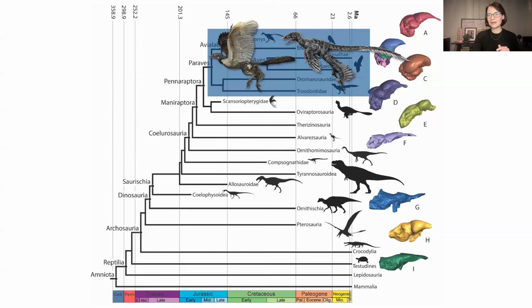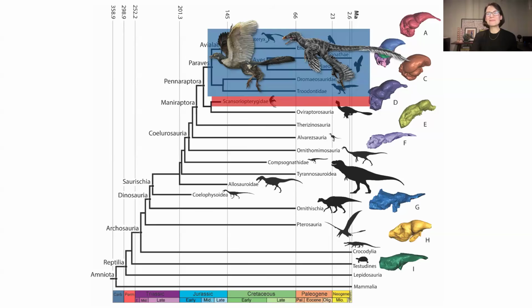Well, within Pinoraptora, we have this group called, I always hesitate to say this name. It's really one of the hardest names to say. Scansoriopterygidae. Yeah, try saying that one 5 times fast, right?